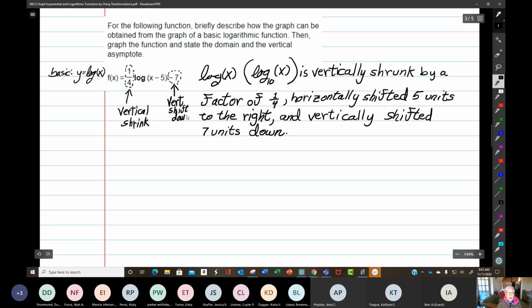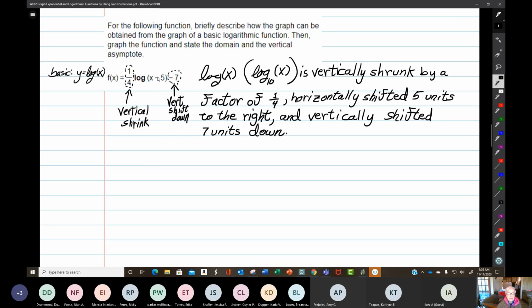The Y movements are always easy to look at because they're obvious if you start to think about them. A minus sign should take a graph down. It should be a vertical shift down. A fraction multiplying the function should make it shorter.